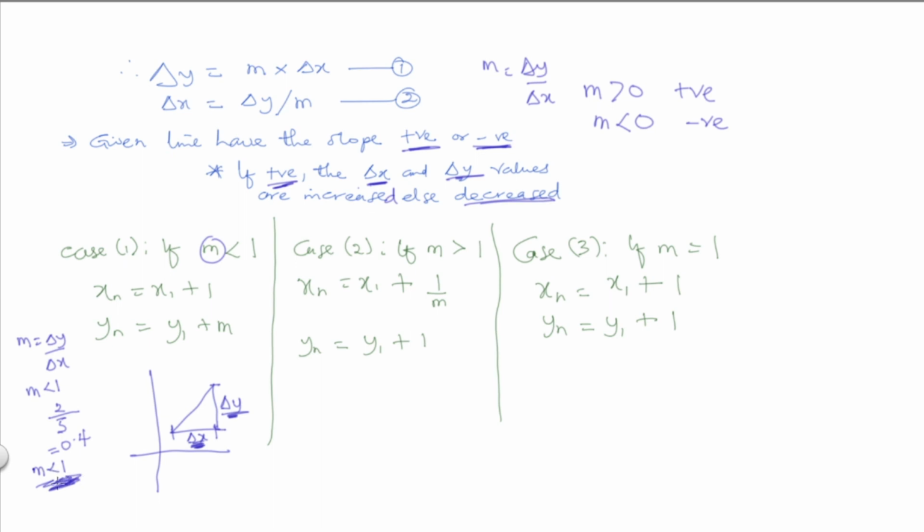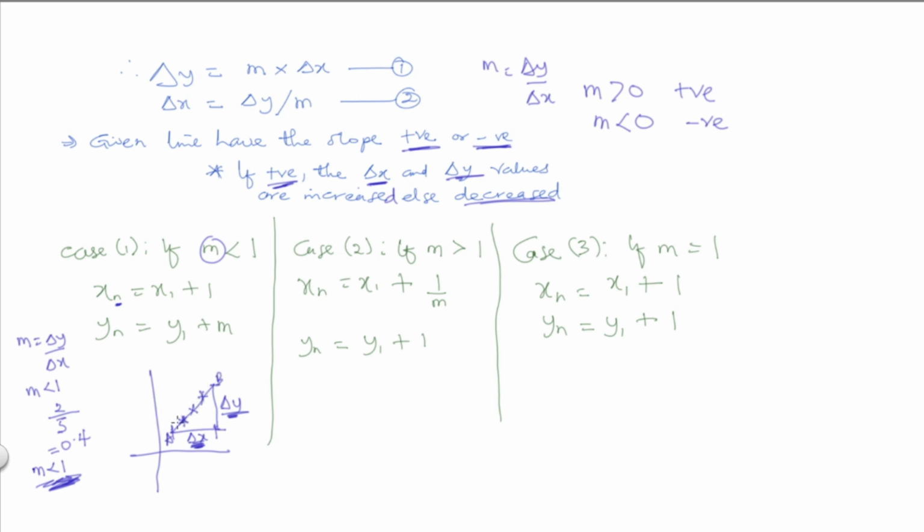So when we have a situation where the slope is less than 1, then xn, where n is the new intermediate points, these are, we need to form the line from A to B, we will need all these intermediate points.